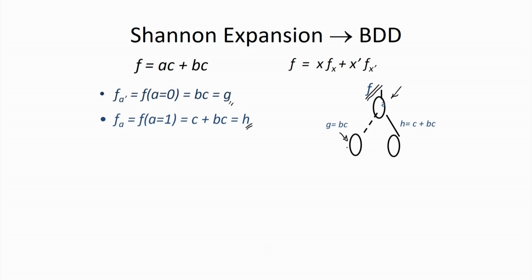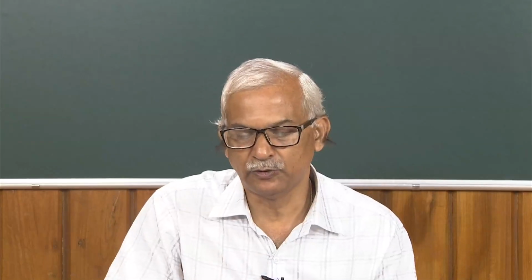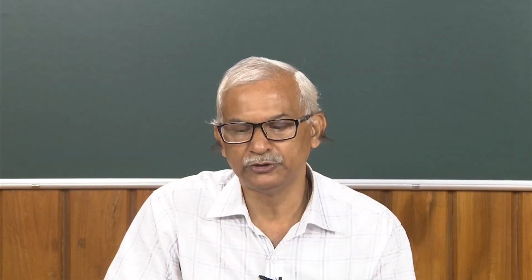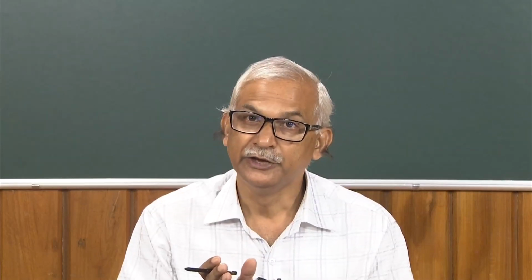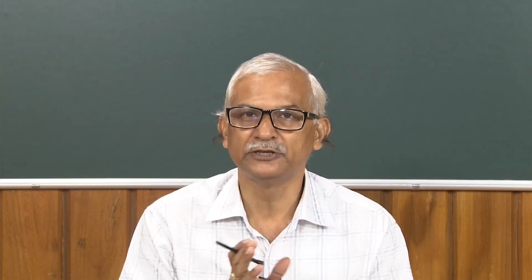So, this particular node is going to talk about the valuation of the function g. Similarly, this one is going to talk about the valuation of the function h. Now, after coming to this point, we have functions of two variables b and c. Now, you have to see the evaluation of the function with respect to b and c.